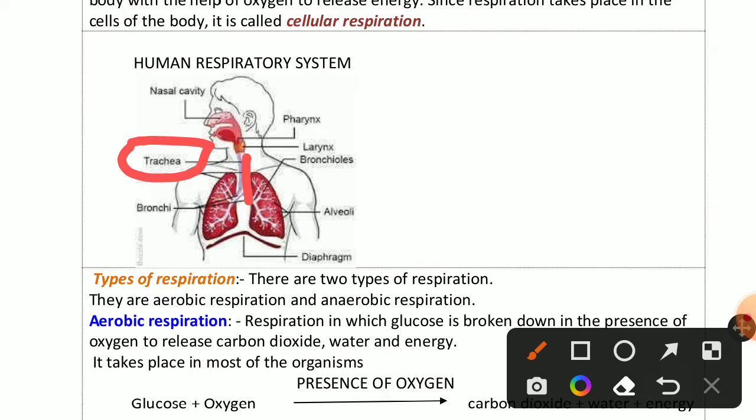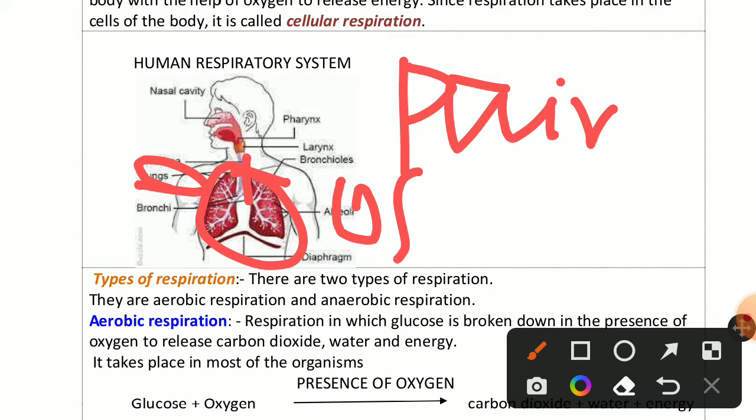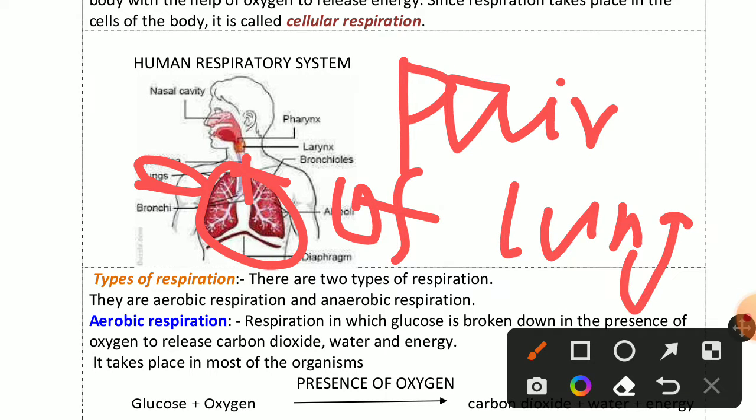The important part of the respiratory system is the lungs. We have a pair of lungs, that means two lungs.